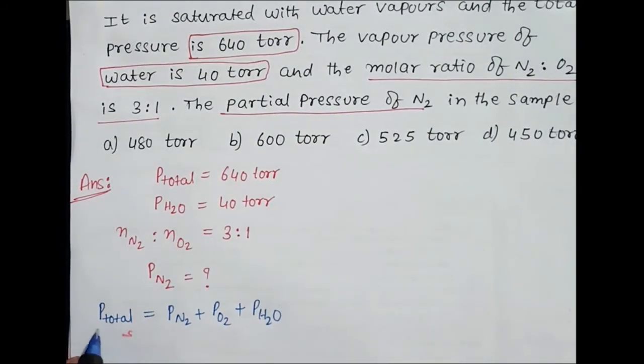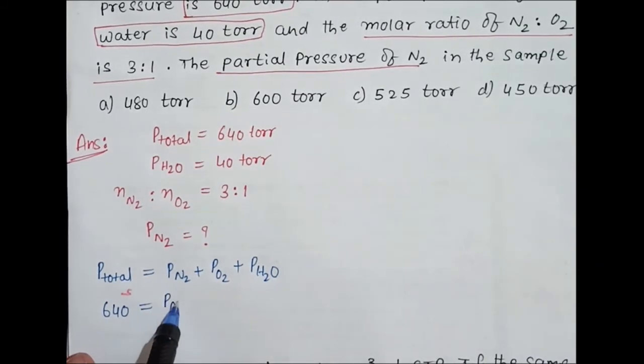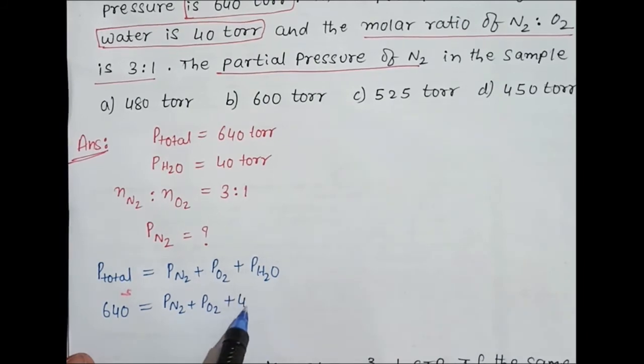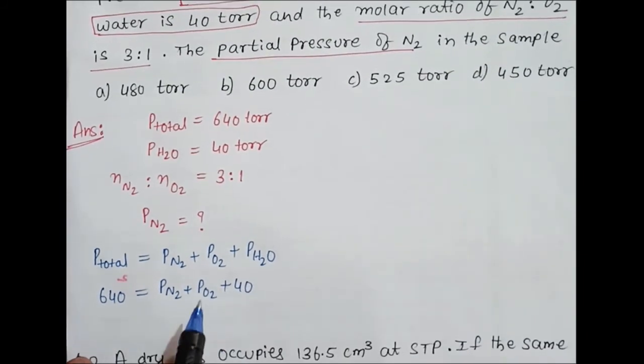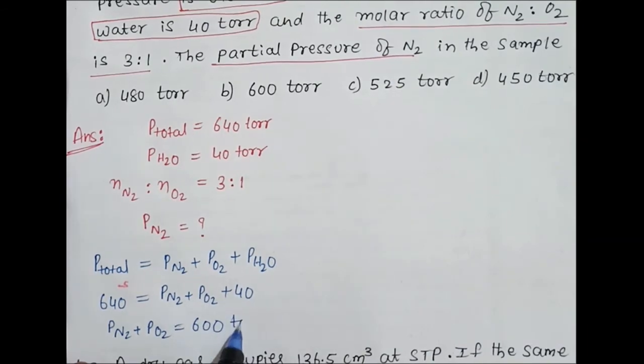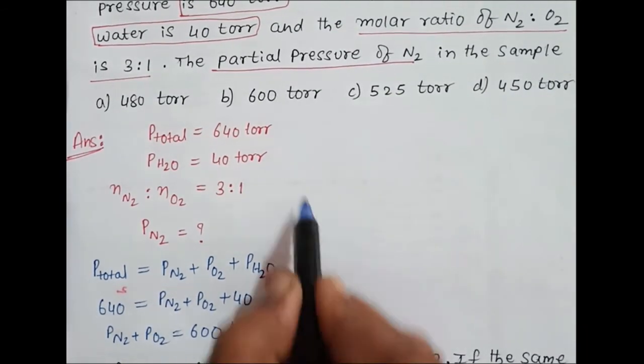So the total pressure, now it is a moist pressure, which is 640 is equal to PN2 plus PO2 plus 40. So which means PN2 plus PO2 is equal to 600 torr. That is equation number 1. It is a P total.